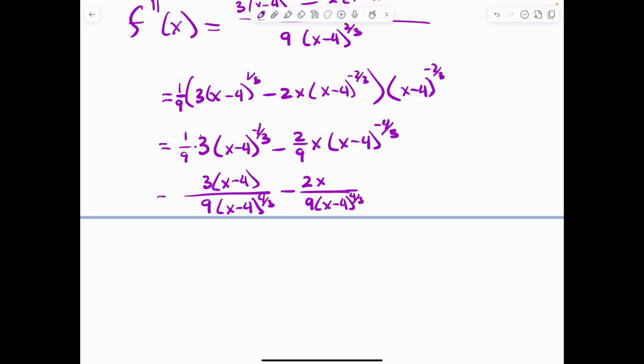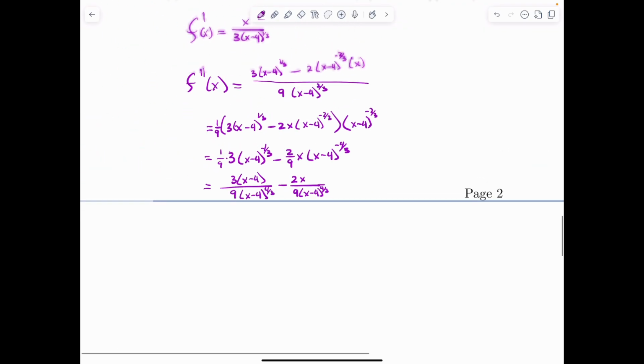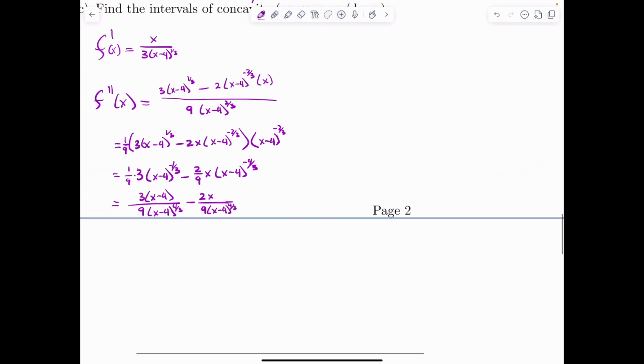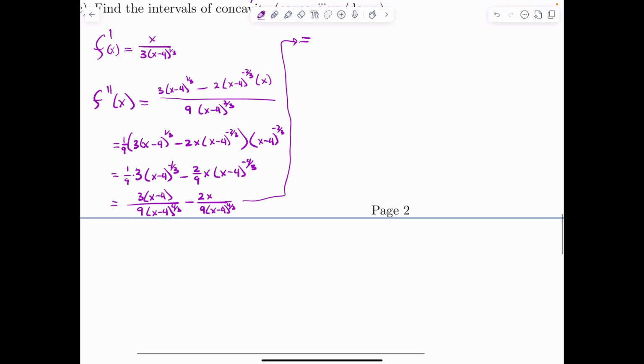The algebra is going to be a problem. Okay, I'm combining these as a single fraction, so 3x minus 12 minus 2x, all over 9 times x minus 4 to the 4/3.